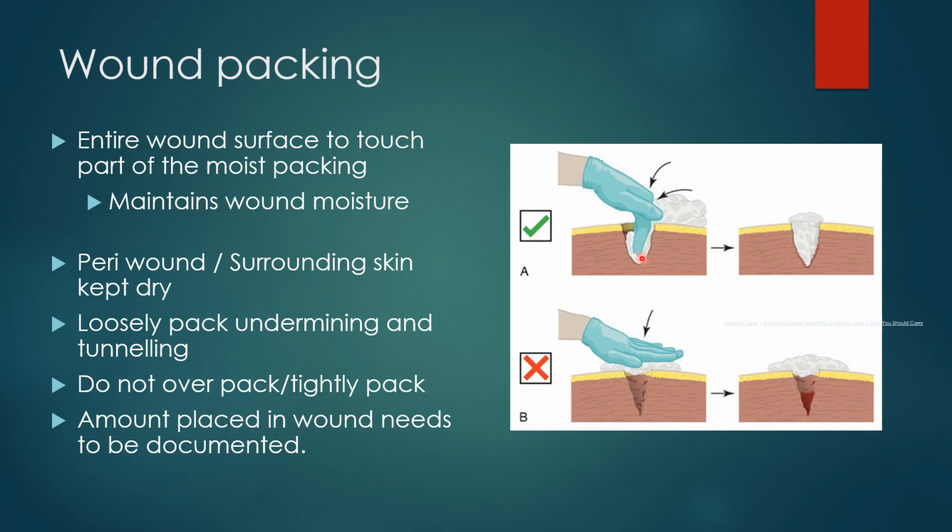If we put the packing inside the base of the wound, then we encourage healing through secondary intention, healing of the wound from the base up. We're keeping the top layer of skin open so the wound can appropriately heal without the formation of an abscess.